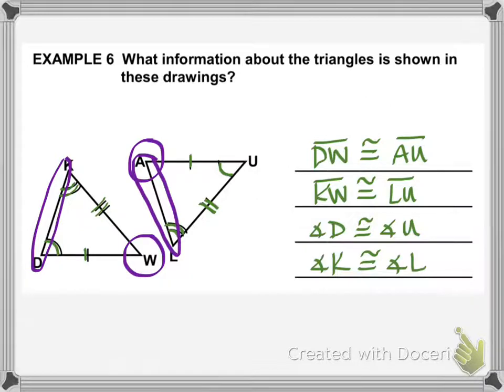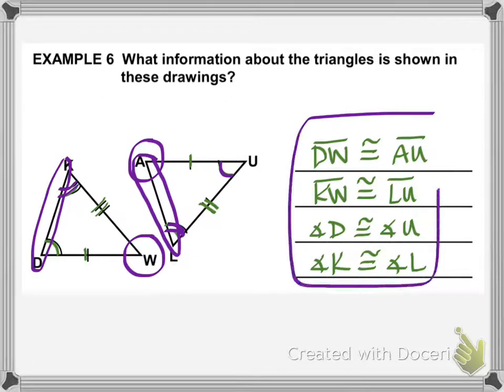Notice too that the two-tick segment on the first triangle connects the two arc with angle W, which we don't know anything about, but the two-tick segment on the other triangle connects the two arc angle with the one arc angle. So right there we already have a discrepancy. In these two triangles, there's not enough information to say whether they are congruent or not. All we know is this information over here.